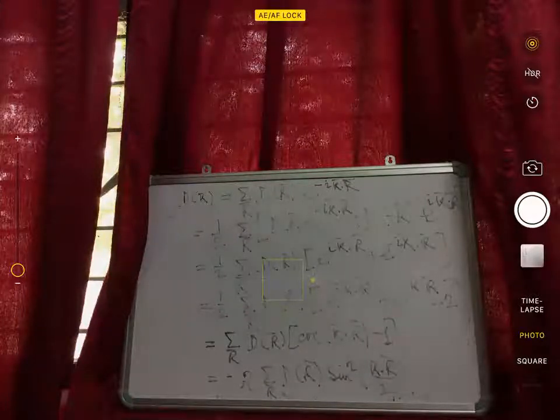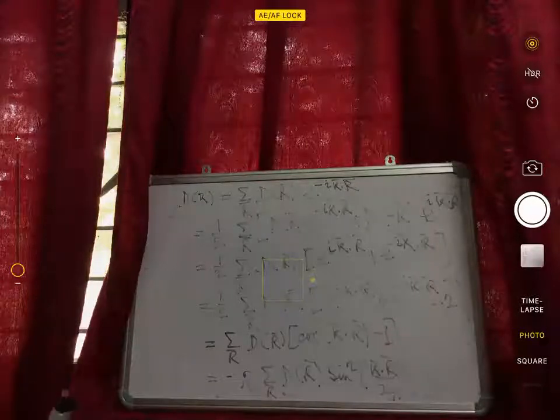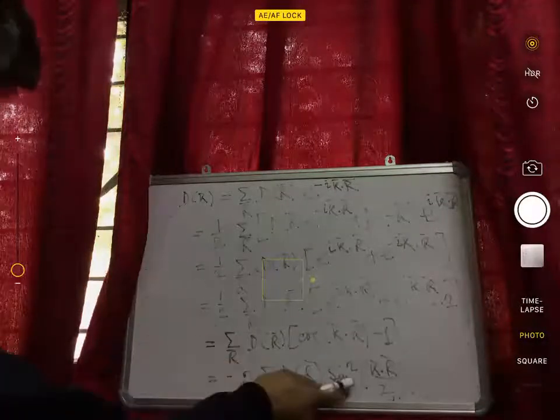So what do we have here? We have a matrix D of K, which is a real matrix, which is an even function of K because of this, and so a real symmetric matrix. Okay, so it will have real eigenvalues.